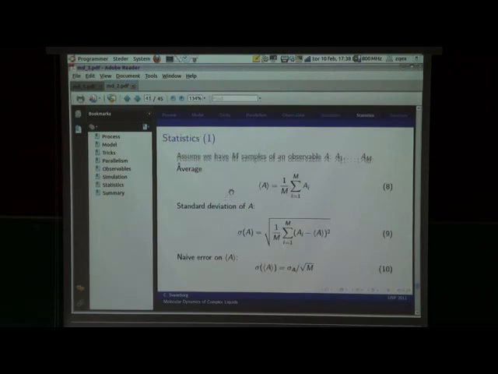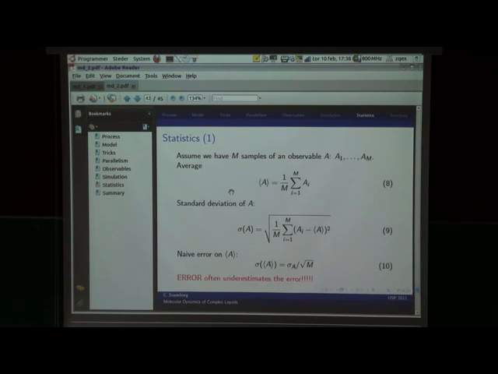Okay, statistics. I have minus 5 minutes probably, so I just want to say one thing. If we can calculate averages, we can also calculate errors on the averages. But you should be aware that this often underestimates the error, because the configurations that you store in the molecular dynamics or Monte Carlo simulation are always correlated with each other, which means you do not have as many statistically independent data points as you thought you did.